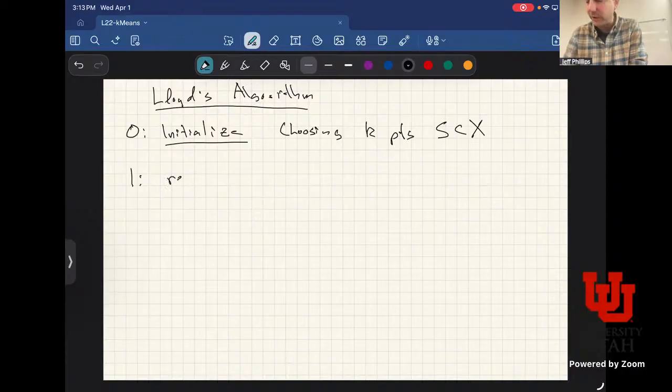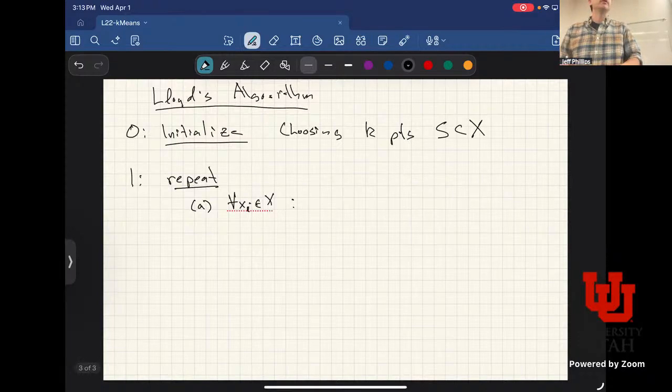So the next step is going to be a thing that's going to repeat, and I'm going to iteratively try and improve this. And it's going to alternate between two steps. Okay, the first one is going to be pretty obvious. So before I said that anything that uses assignment-based clustering has to implicitly use this phi function that's mapping onto the closest point. But from the point of view of an algorithm, we have to actually do this mapping.